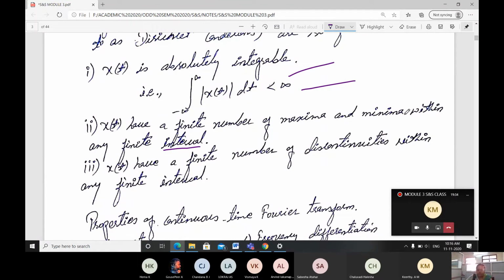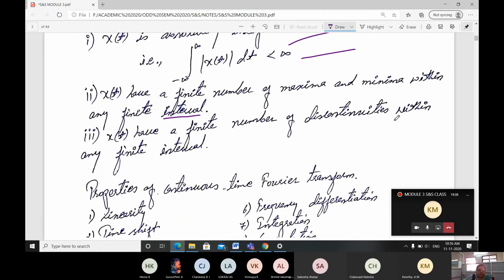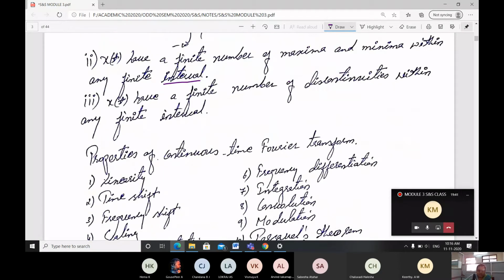The third condition is that x of t has a finite number of discontinuities within any finite interval. If the signal is missing for certain intervals, samples may be lost. It should be there, but in a limited fashion. That is the third condition.